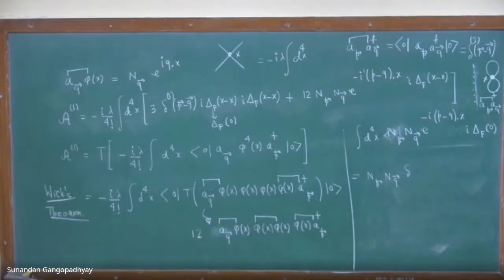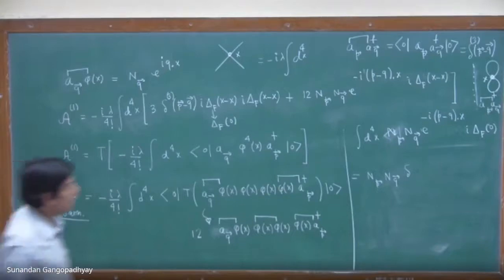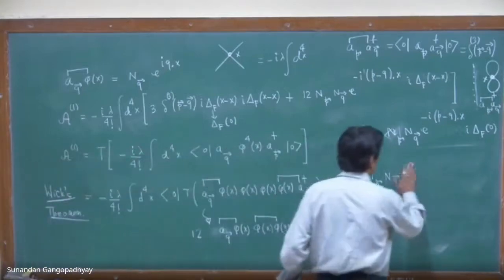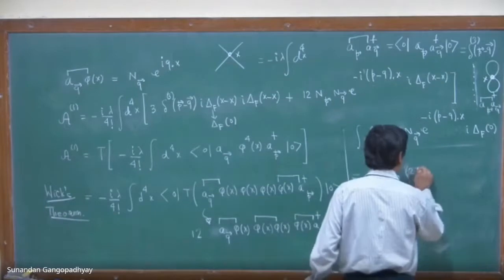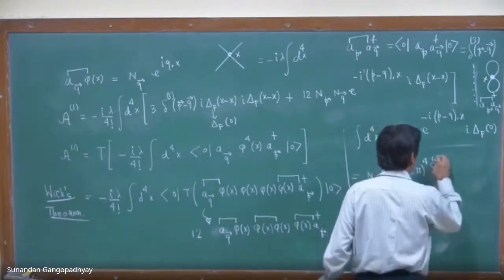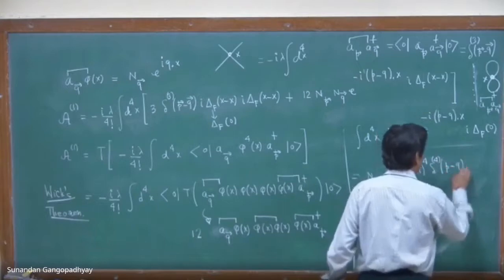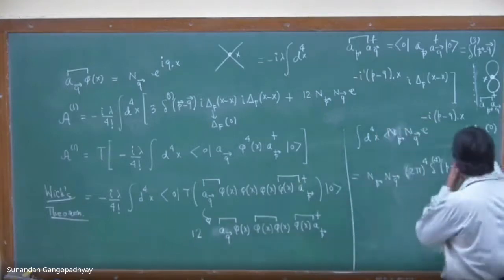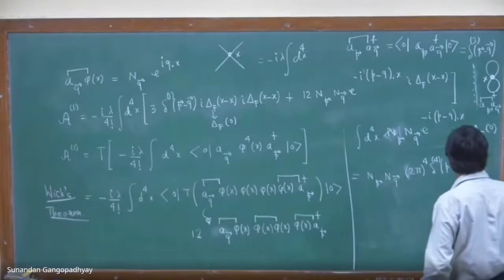You will get a factor of 2 pi to the power of 4, delta 4 P minus Q from this, and then you have I delta 0.